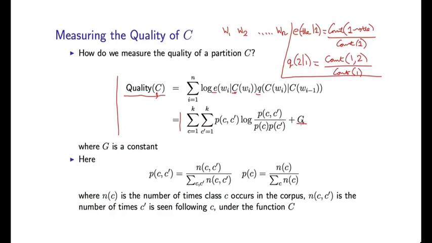G is a constant, so we can ignore it because we're maximizing this function, and this constant is insensitive to the partition C. But what we end up with is a term where we sum over all pairs of clusters, C and C primed. I look at the probability of seeing C followed by C primed in the corpus, and then I look at the log of P of C followed by C primed divided by P of C and P of C primed.